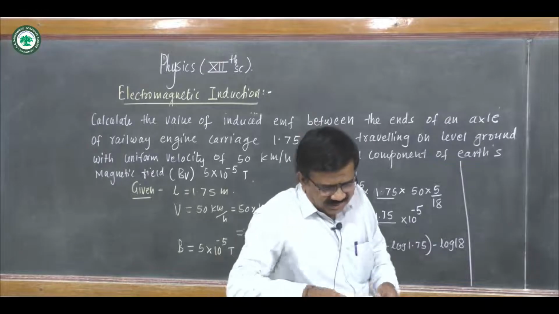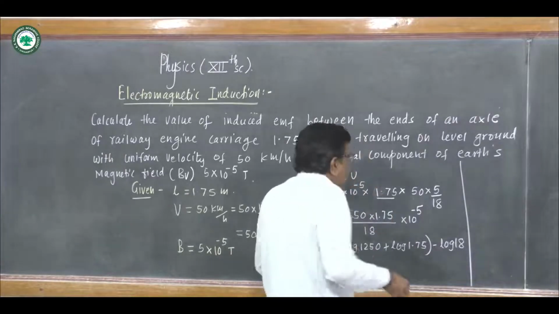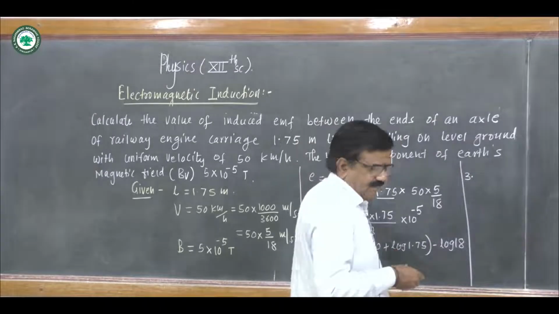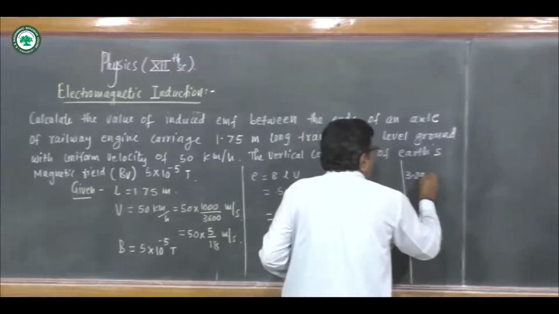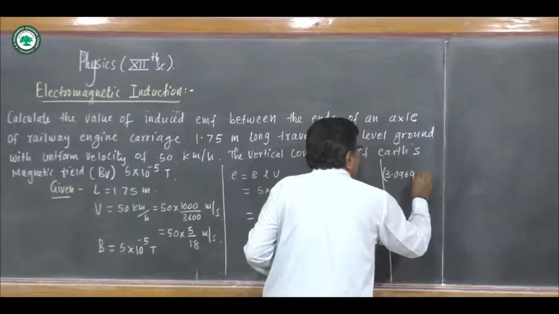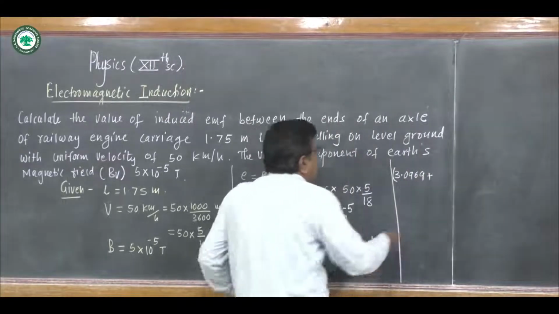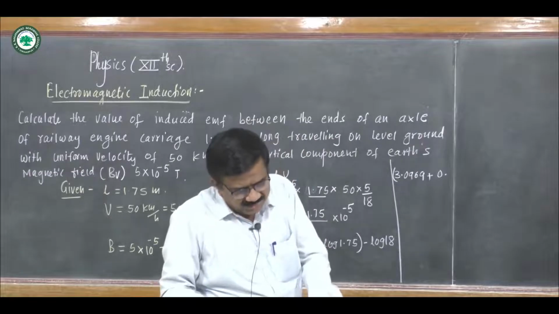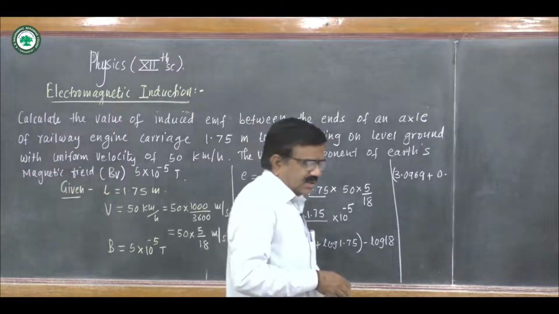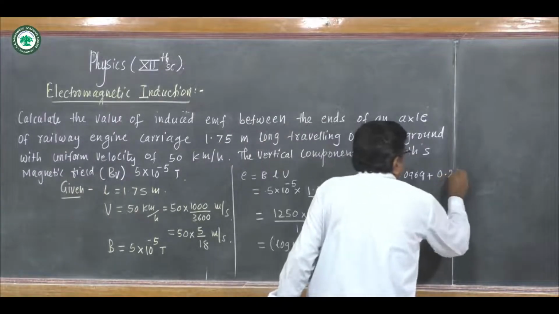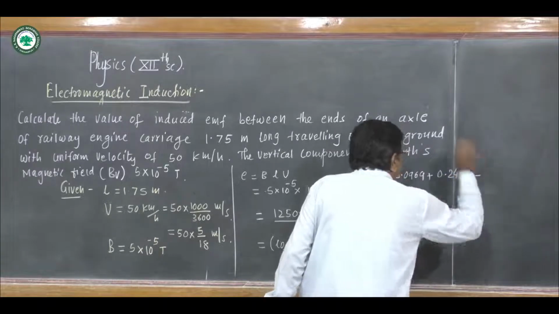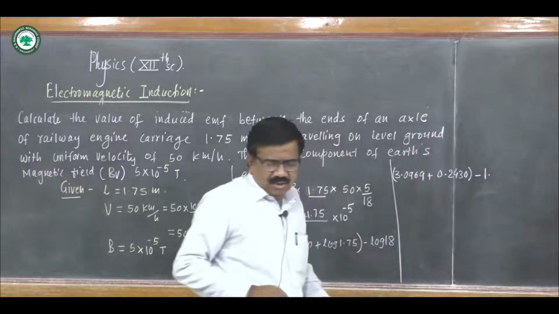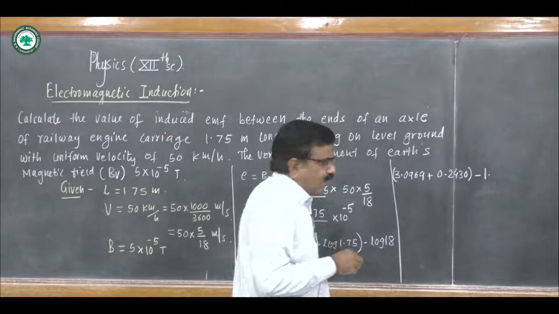Substituting these values, we get this log is 3.0969, plus log of 1.75, characteristic is 0, mantissa 2430, minus log 18, characteristic is 1, mantissa 2553.